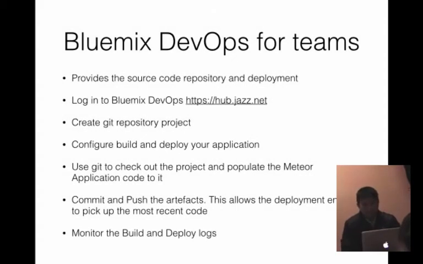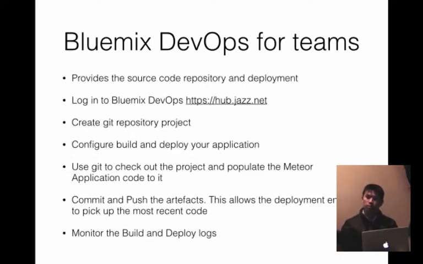Another approach to deploy the Meteor application to Bluemix is using the Bluemix DevOps. To use the Bluemix DevOps, we have to log on to Jazz Hub, create the repository, and then configure the build and deploy to deploy our application.